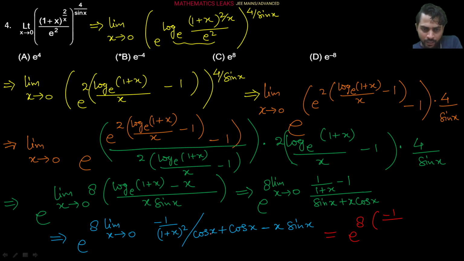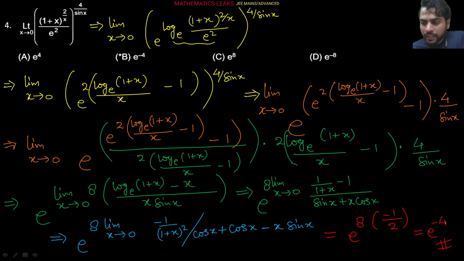And in the denominator, cos 0 is 1, so 2 times cos 0 is 2, and the x sin x term is 0 itself, sin also at 0 is 0, so overall it is 0. So on simplifying and putting this limit, we get e to the power minus 4. So what is the limit of this question? The limiting value is e to the power minus 4.